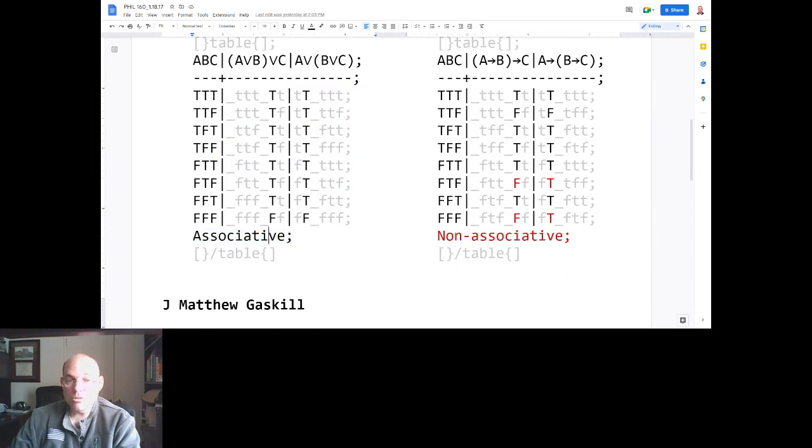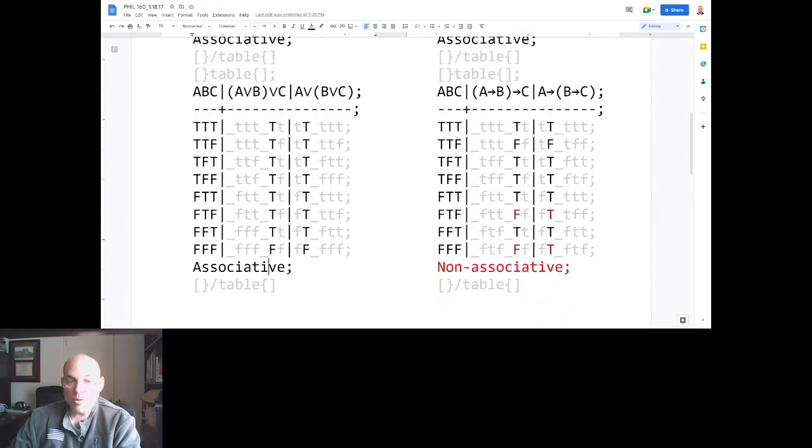Now here is the interesting one with the material consequence. You can see immediately, because I made them red, that the truth values sometimes change depending on where the parentheses are. And so that means you can't just move parentheses around. It's a different question if you move them around.